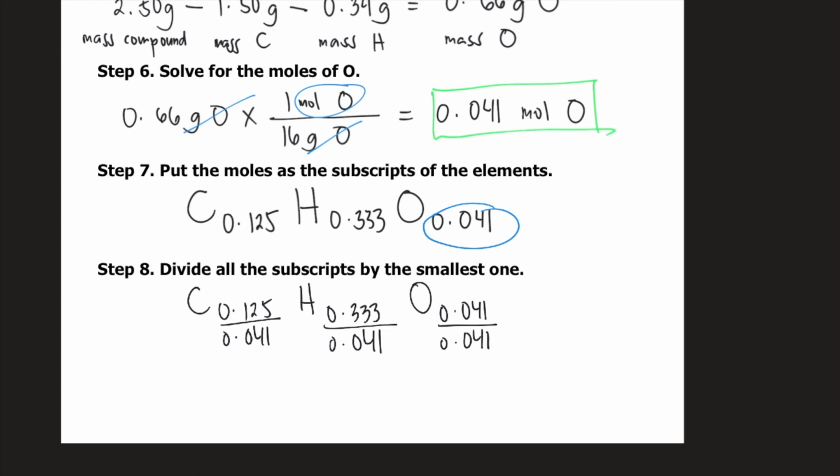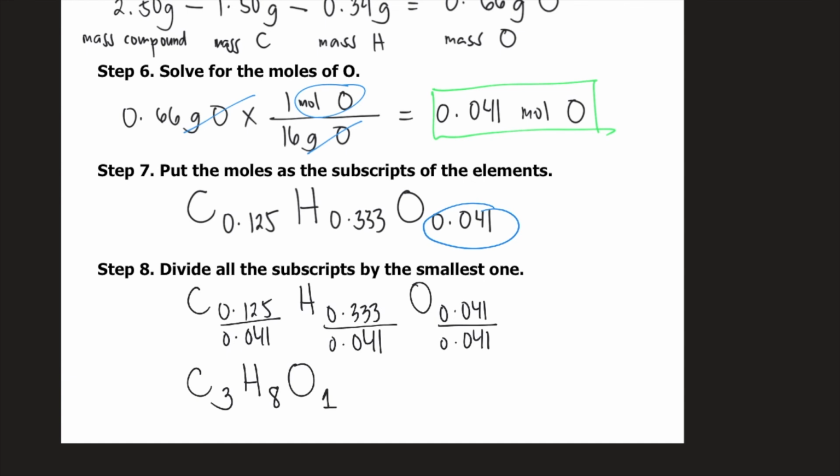So for carbon, 0.125 divided by 0.041. If you round that to whole number, that's 3. For hydrogen, 0.333 divided by 0.041. If you round that to the nearest whole number, that's 8. And for oxygen, 0.041 divided by 0.041, that's obviously 1.